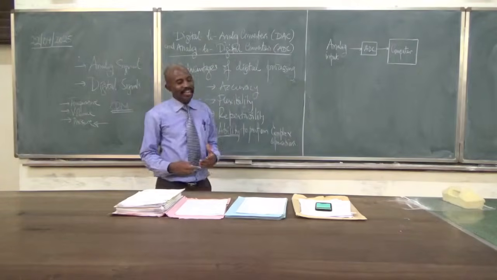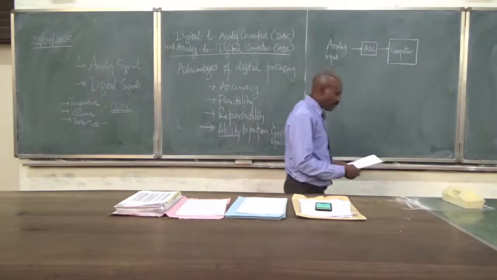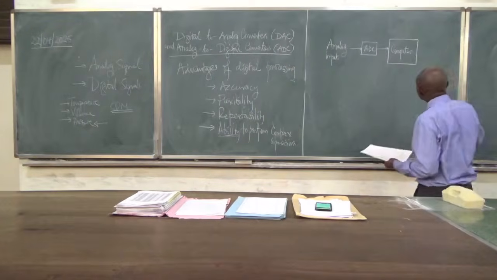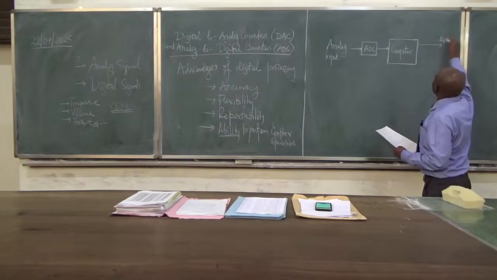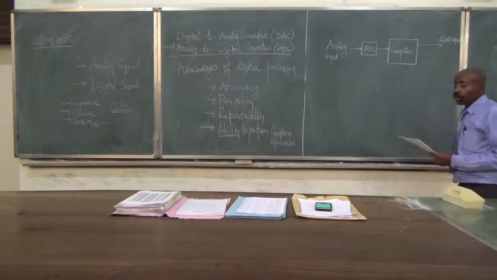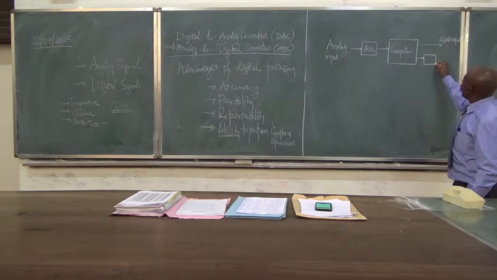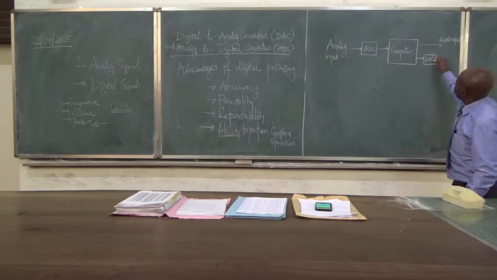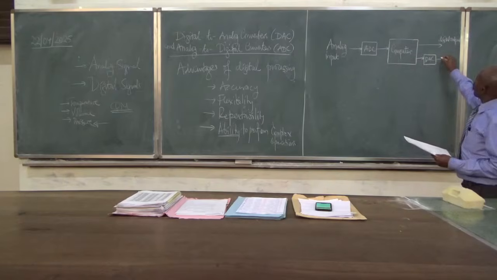Whatever you are typing has to become visible somehow. It could be straight away a digital output, or you first change it back to analog using a DAC, a digital to analog converter.